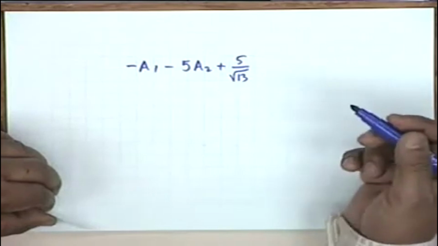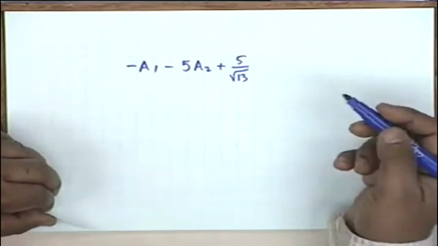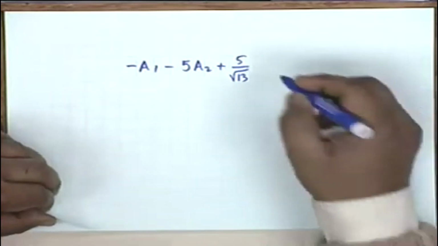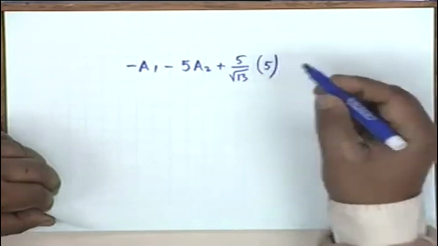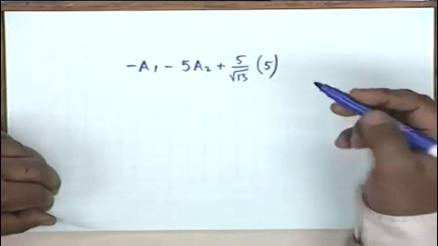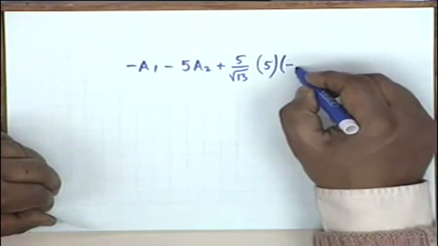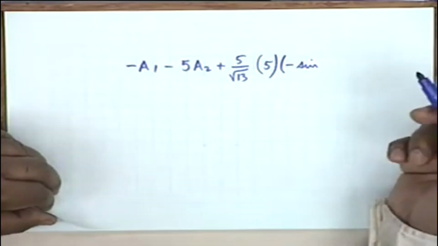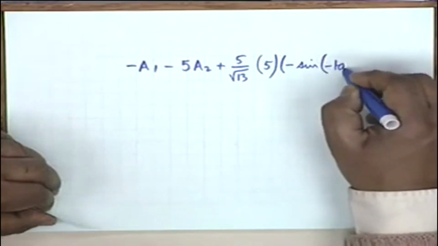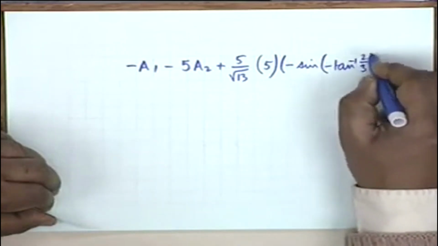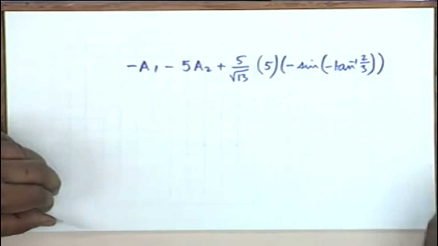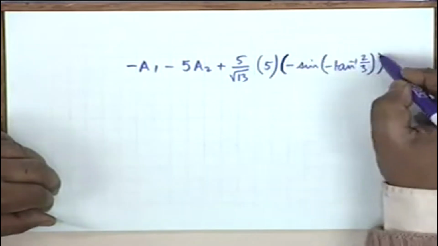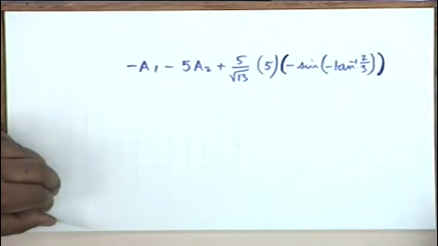If you differentiate a cosine, it becomes a minus sine, and therefore 5 that comes from cosine 5t, then a minus sine of 5t equal to 0 minus tan inverse 2 by 3. I must distinguish, this is the bracket.